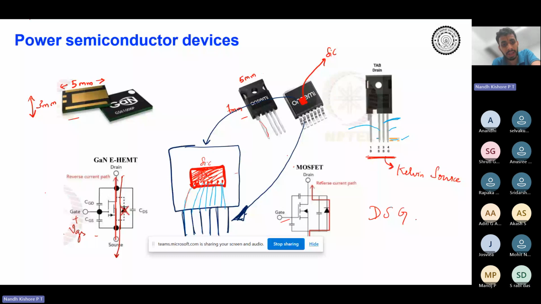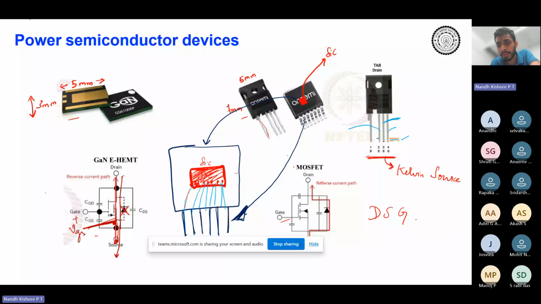What device manufacturers give is a separate tapping from the source terminal, and this is the Kelvin source. And there will be another terminal which is the power source. Both of them are internally shorted, but physically this source is closer to the gate. So the path inductance is lesser.